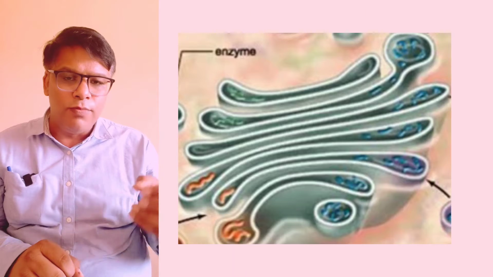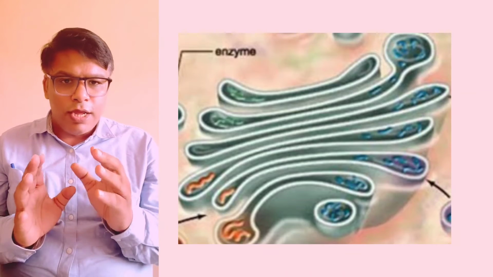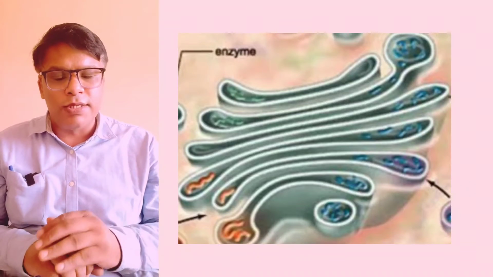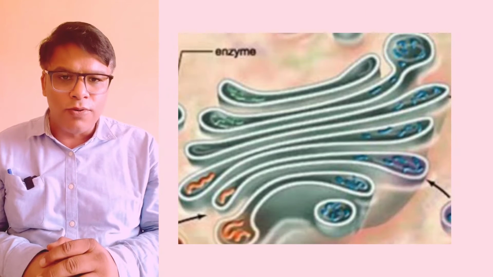It sorts the biomolecules, and the Golgi membrane receives cargo from vesicles, things are sorted out, and again vesicles bud off. Keep in mind, the Golgi complex is also part of the endomembrane system.